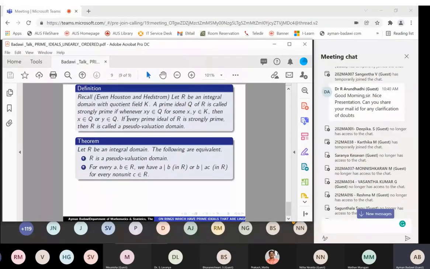A prime ideal Q of R we call strongly prime if whenever xy is in Q for some x, y in K. What is K?